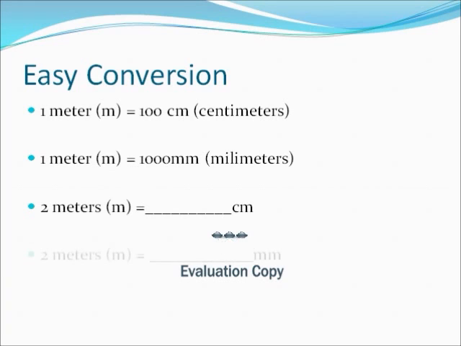Okay? So in that case, 2 meters would be 200 centimeters, and 2 meters would be 2,000 millimeters. Same values, you're just centimeters are a little bit bigger than millimeters. Okay, so again, these are easy conversions that you should memorize. It'll just make some other conversions easier in the long run.